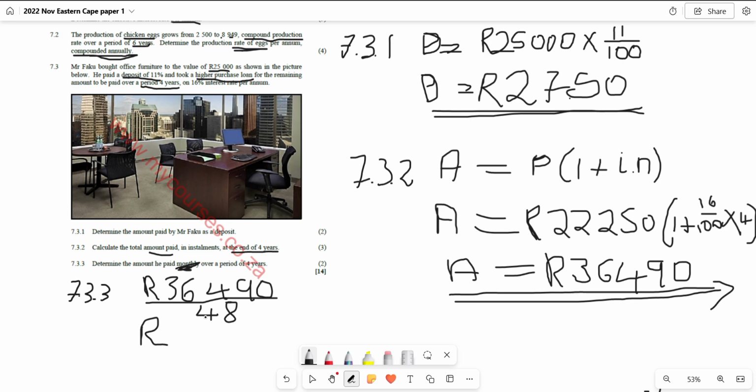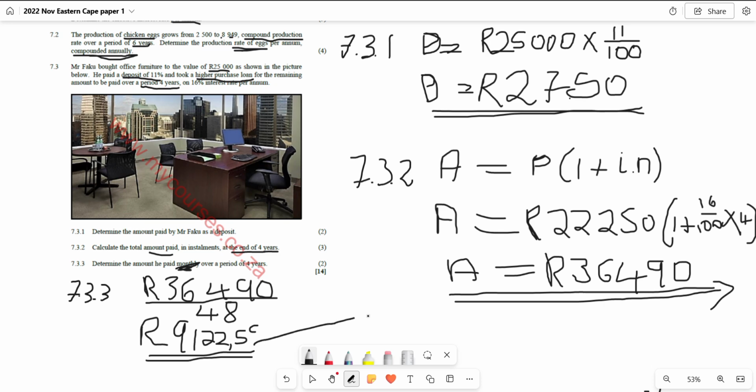Then 36,490 divided by 4 is going to give us an amount of 9,122.5 cents. It means every month Mr. Faku will be paying an amount of 9,122.5 cents every month.